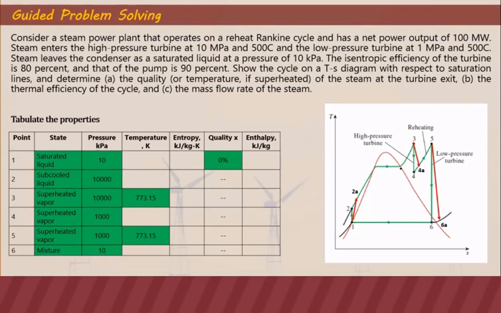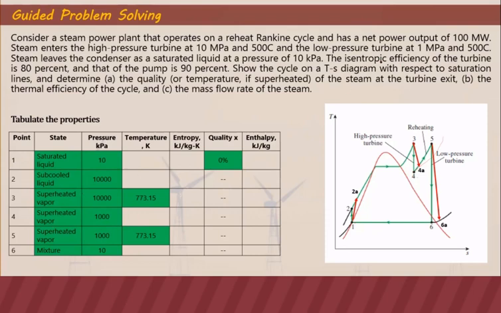At point 4, this is still a superheated vapor, and this is a constant pressure line. That's why the pressure at point 5 is the same pressure as point 4A, so it's 1,000 kilopascal, or 1 megapascal, as given.